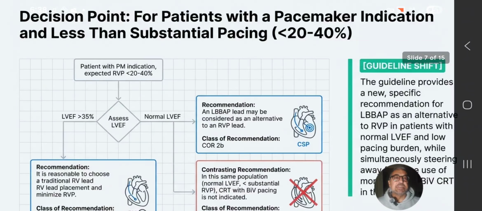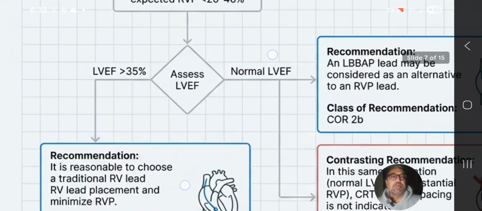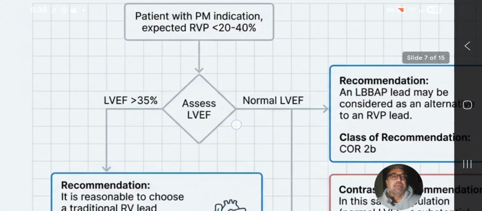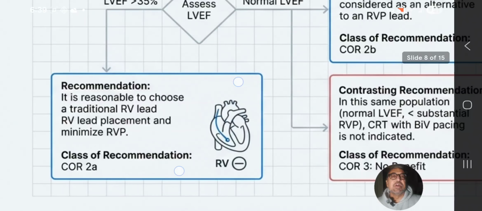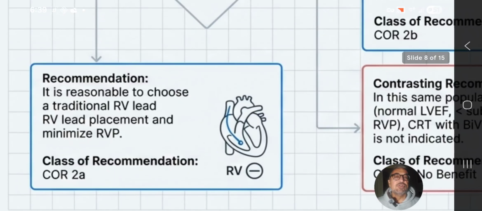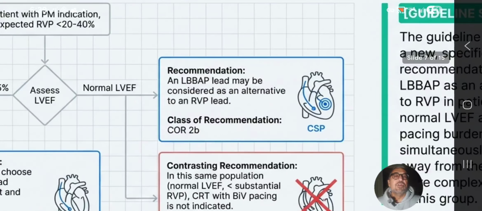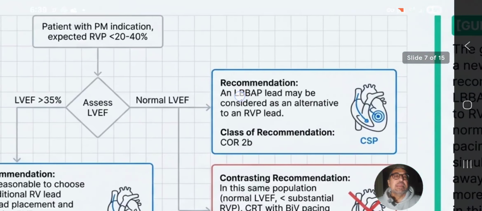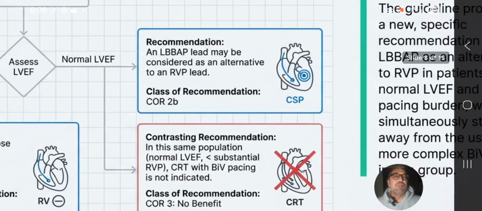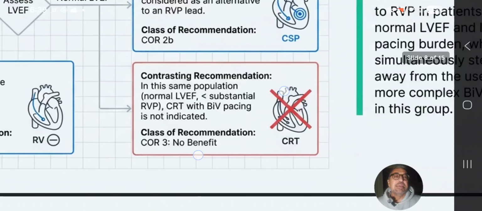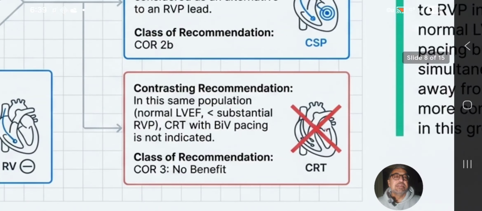So, for patients with less than substantial pacing, less than 20 to 40% anticipated pacing needs, if the EF is greater than 35%, it is reasonable to choose a traditional RV lead system. On the other hand, if they have a normal EF and there is less than 20 to 40% pacing, then a CRT device is contraindicated, there is no benefit.